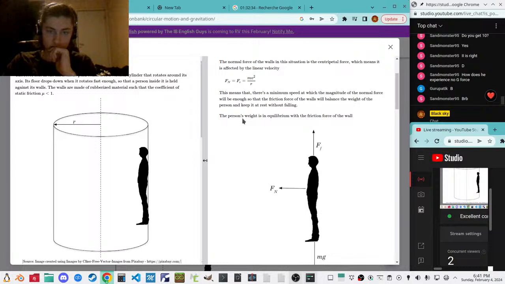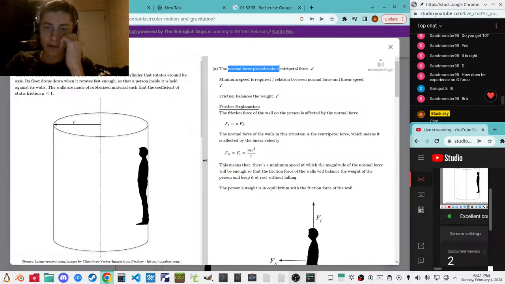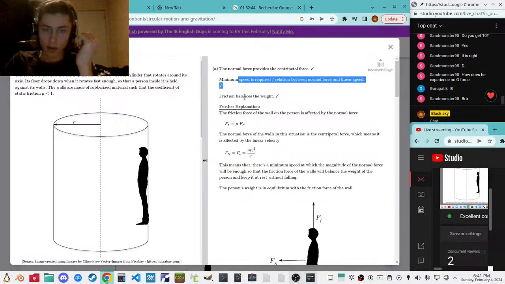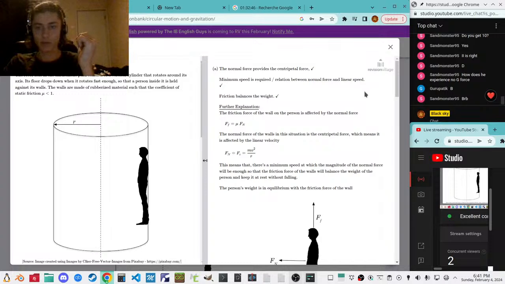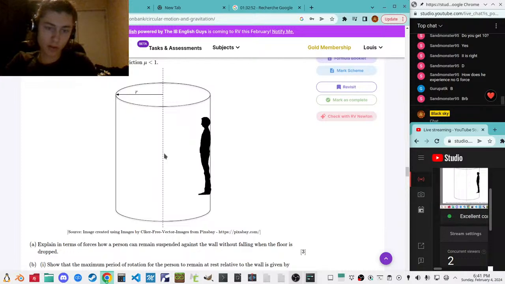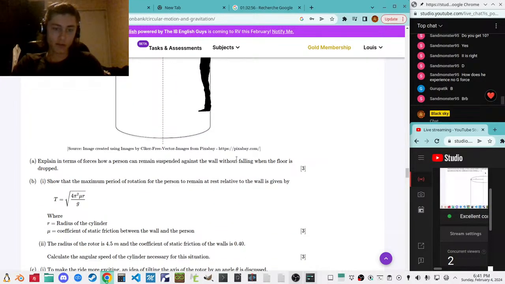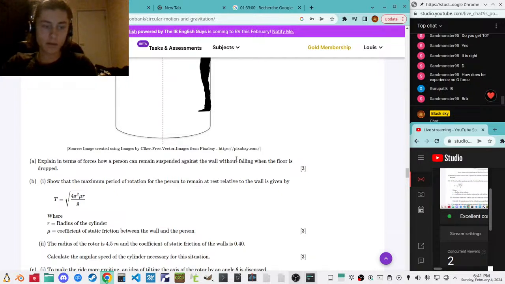What was the minimum? Okay, the normal force provides the centripetal force. The minimum speed is related to linear speed. Friction balances the weight. So you need the centripetal force and the friction. Show that the maximum speed of rotation for the person to remain at rest relative to the wall is given by this.